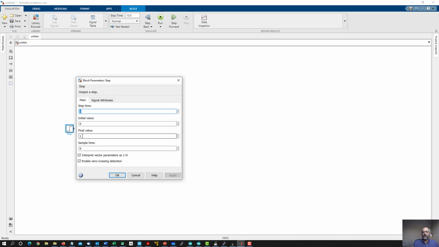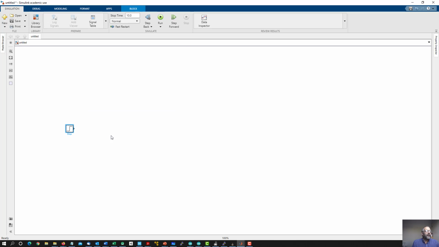So it starts with 0 and makes a step to 1. So in that respect, it's a unit step. But you also see, and that's something to be aware of, that the step time is 1. So it does not make that step at time 0, but it makes that step on time 1. But you can change that if you want.